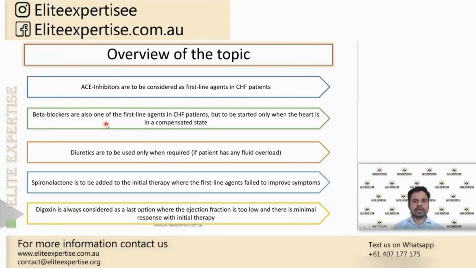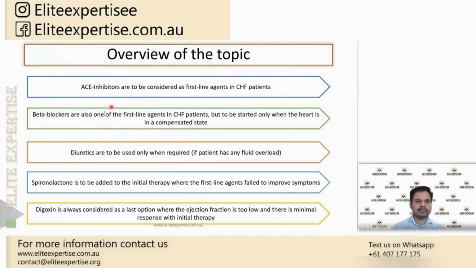And the most important point that I mentioned earlier was, we should not give a beta blocker to the patient when the heart is in a decompensated state. So we need to wait until the heart comes back into a compensated state. Okay? Then we can start the patient on a beta blocker. Okay.